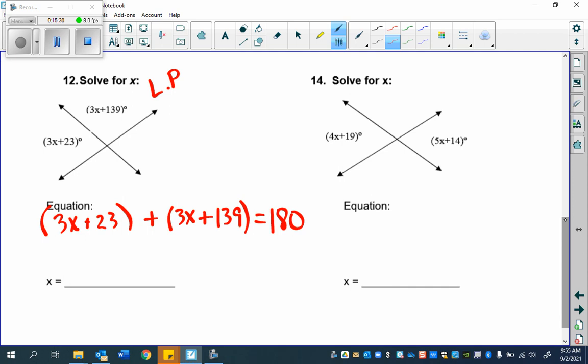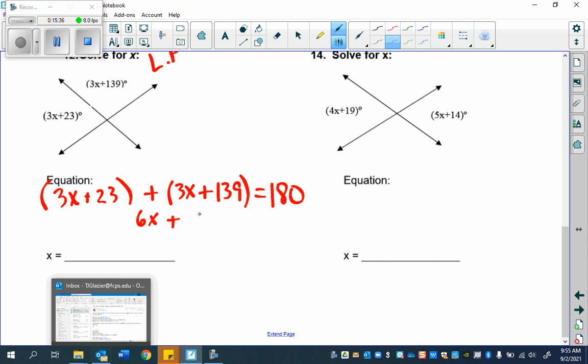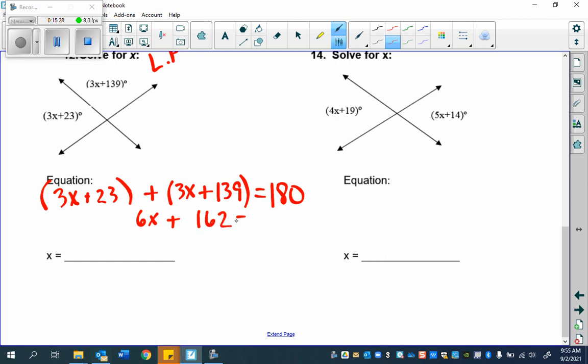When I go ahead and solve that equation, I end up combining like terms, and I have 6x plus 162 is equal to 180. So 6x is equal to 18, which has x equal to 3.